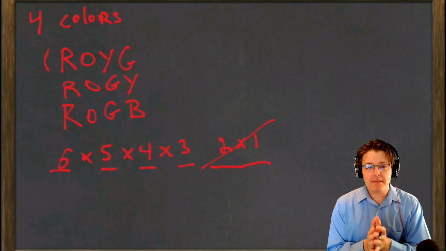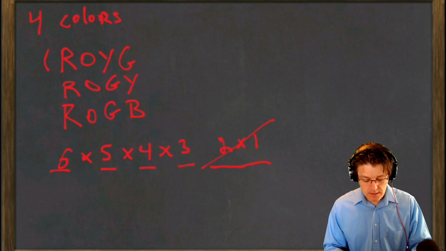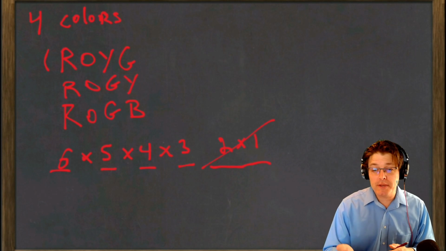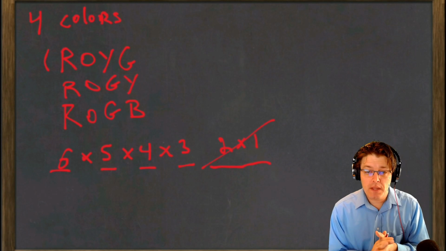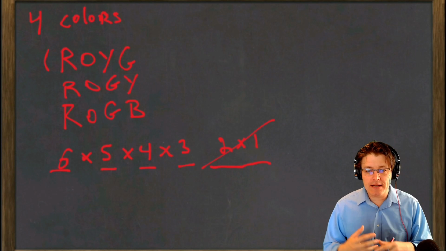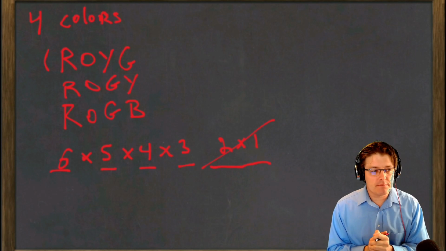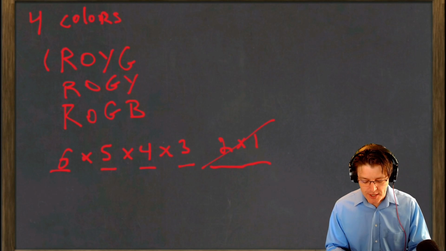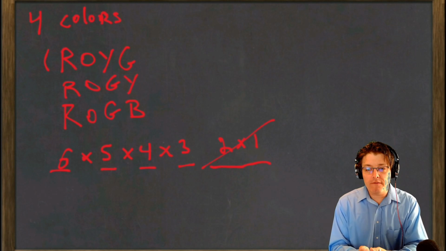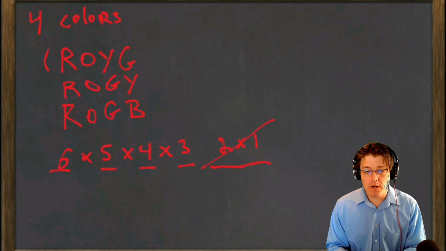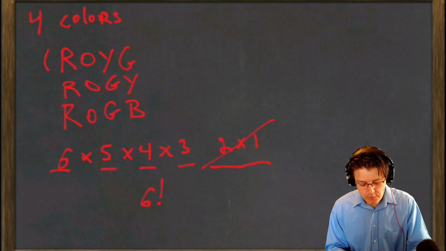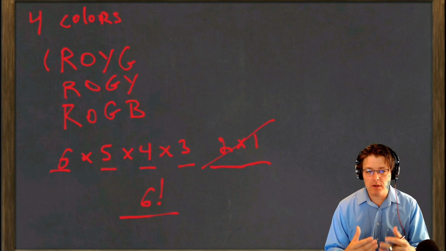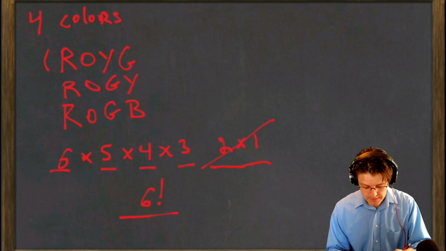So using this logic, we can probably answer the question and say there's 360. But how do we mathematically represent that, and how do we keep it more general to do more complex questions? Well, if we want to lose the 2 times 1 here, right? We said before this was 6 factorial. How do we make 6 factorial equal to this?